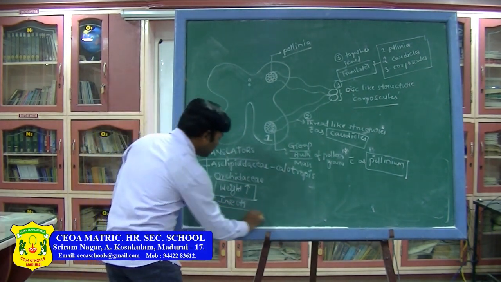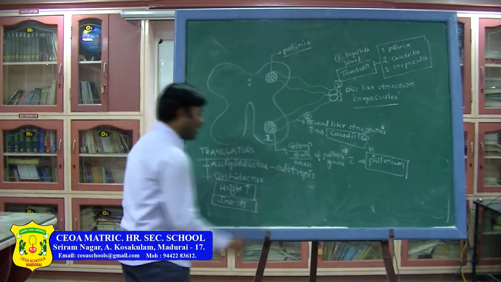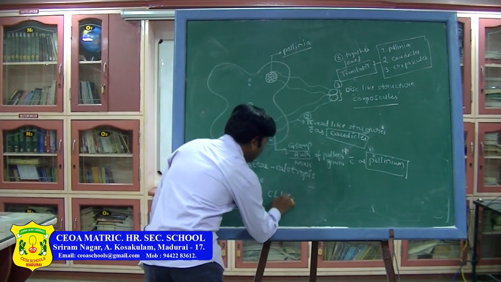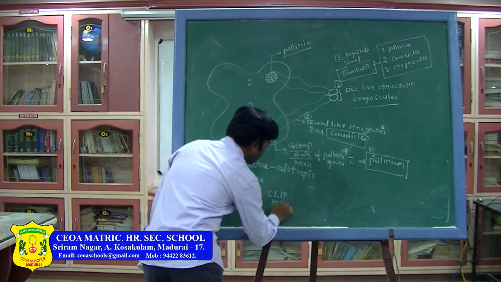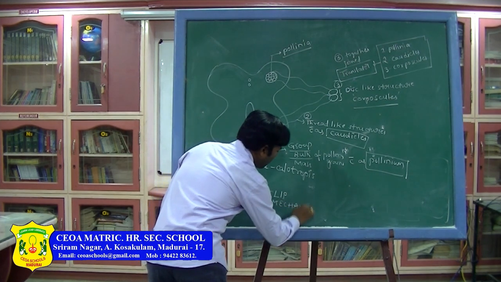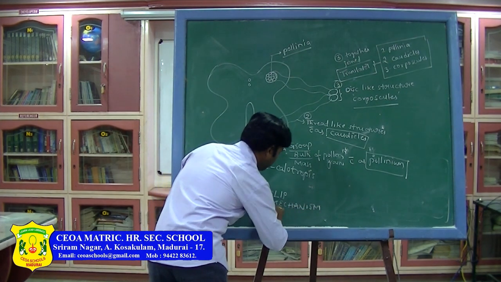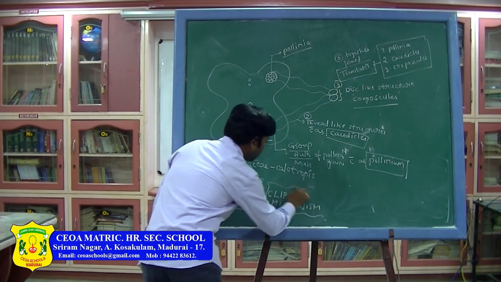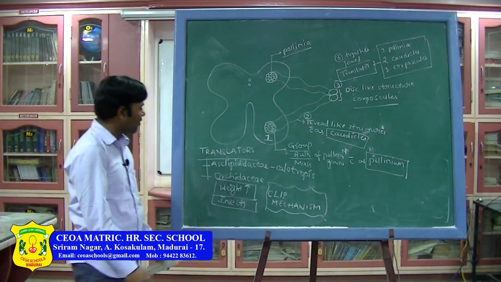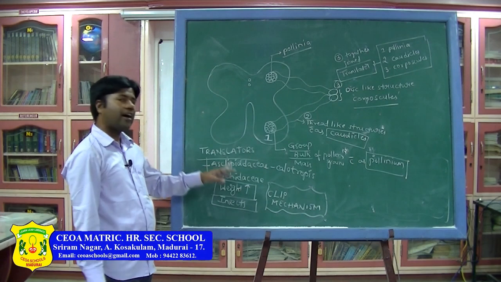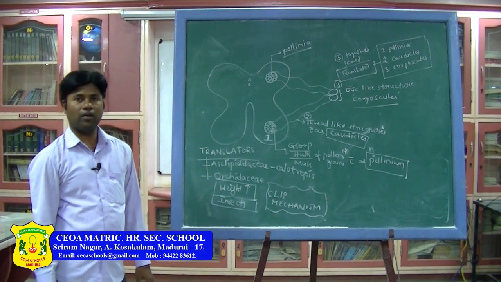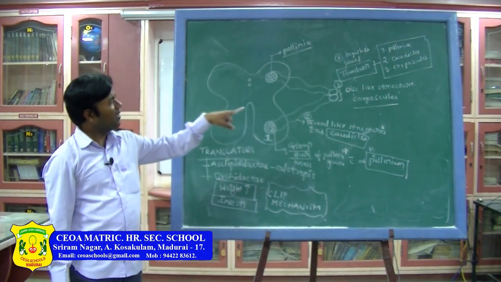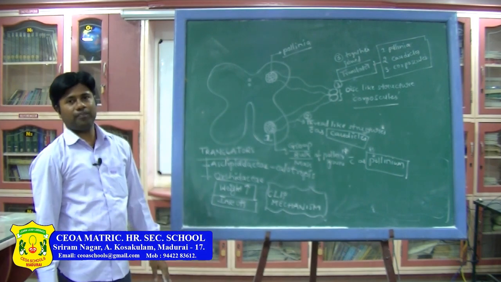So this mechanism is called as a clip mechanism. Where do you see the clip mechanism? Asclepiadaceae and Orchidaceae family. Okay, so this is about the translator.